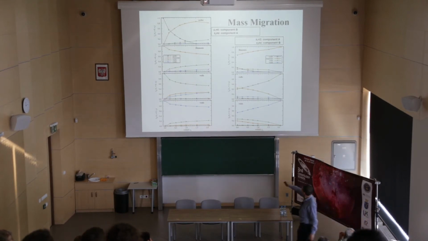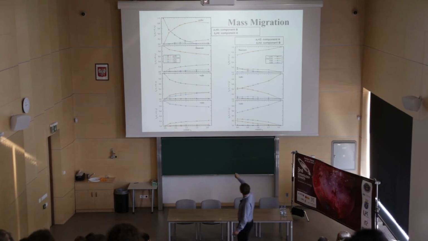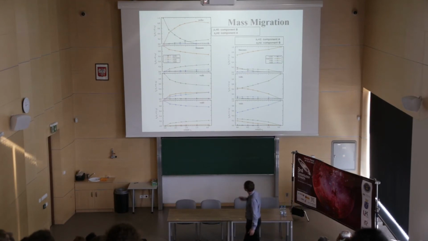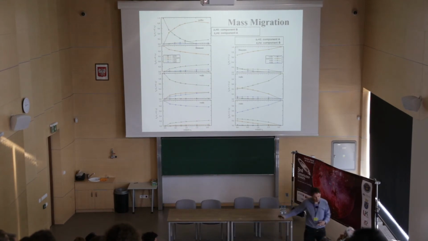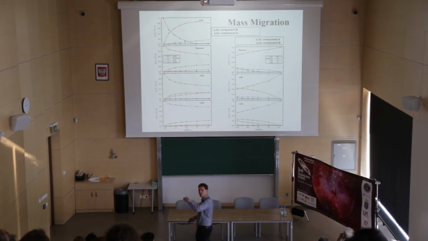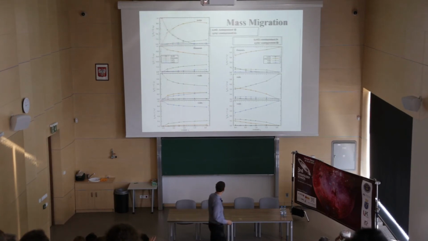You can also reverse the question and ask yourself, where did the stuff that nowadays is in the nodes, where did it come from? And you will see that most of the stuff actually comes from the filaments. And you can ask yourself the same question with respect to the filaments, and most of the stuff came from the walls. So you can actually follow the mass that is moving in this network, right?